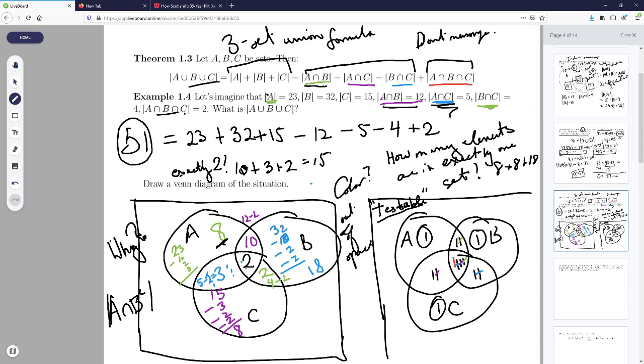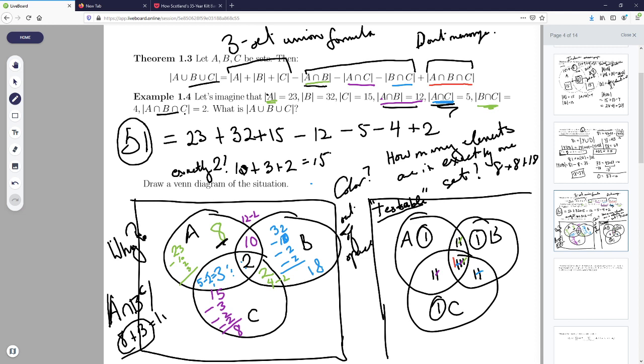So the things in A intersection B complement, so the things that are in A but not in B, are 8 plus 3, right? That's right, 11. So it's actually kind of easy given this process to generate many answers to various different questions about Venn diagrams. So I think this is kind of the reason why you want to do it.